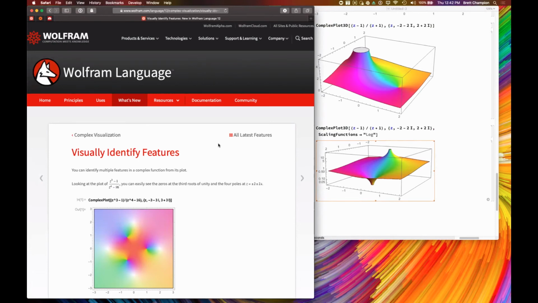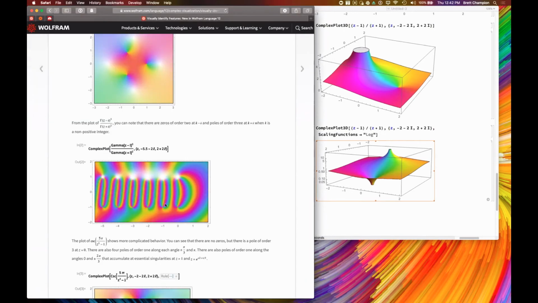The zeros are of order 2, so green and green, green and green. And the poles are order 3, because we've got our 3 reds going up around here. It's really easy to see what the order is of something.